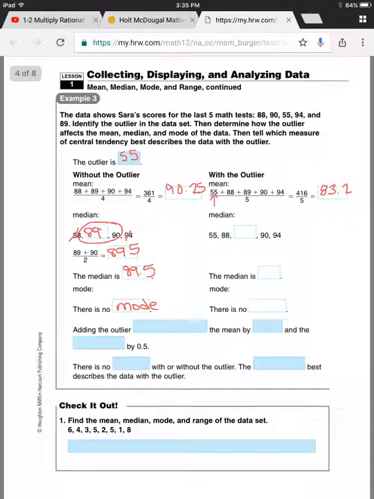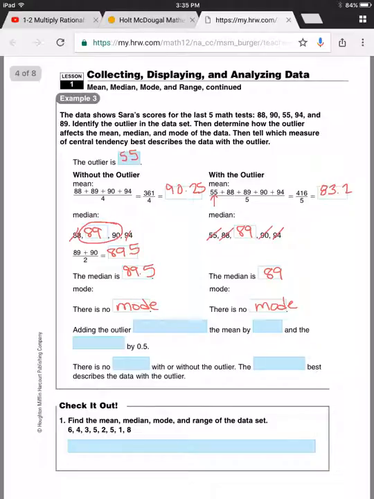Now, with the outlier, they didn't put 89 in there. So for our median, we get 89. And again, for the mode, there is no mode because every score only appears once.